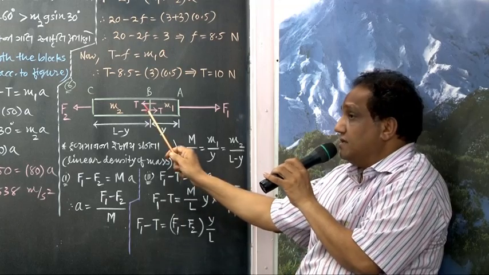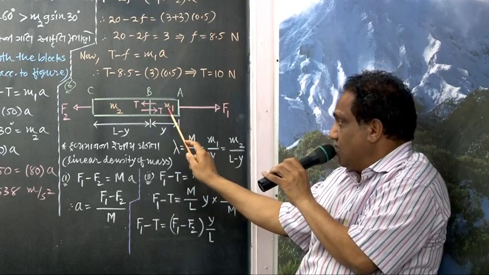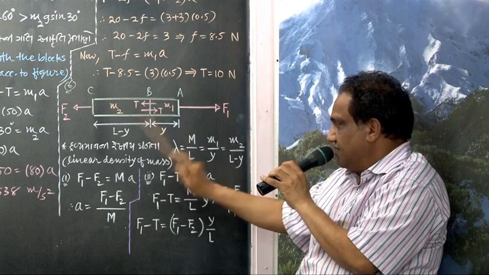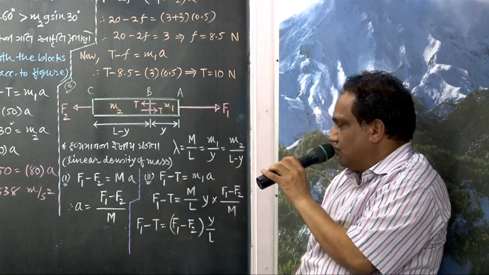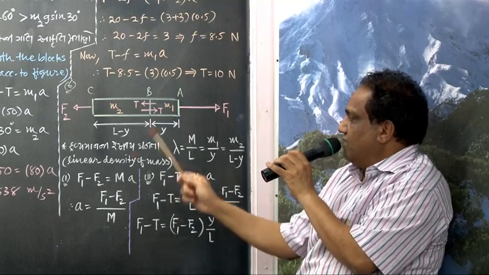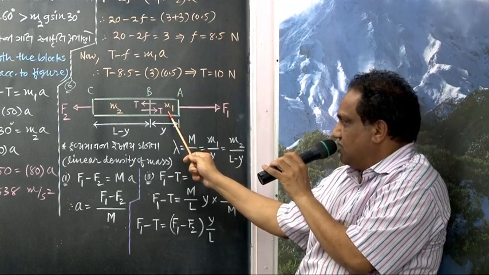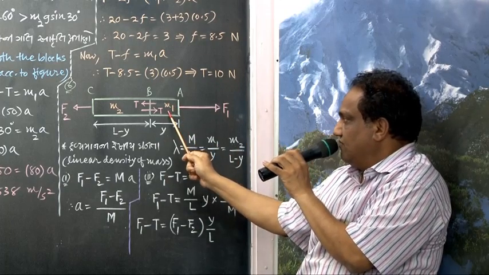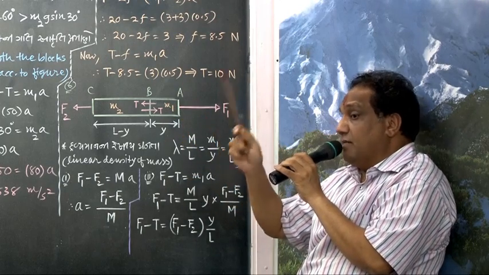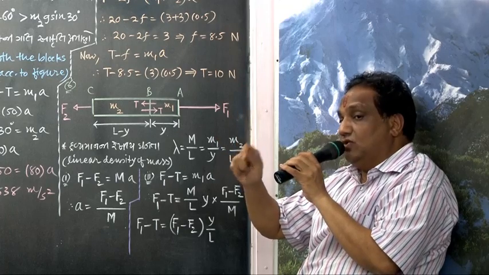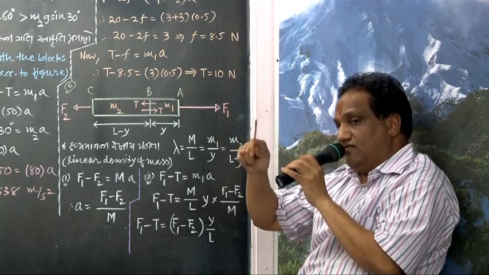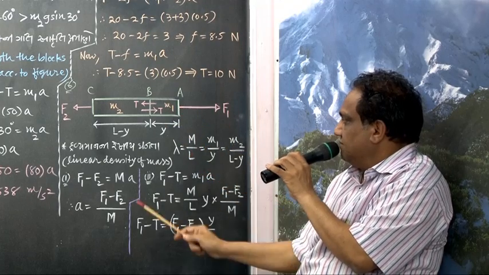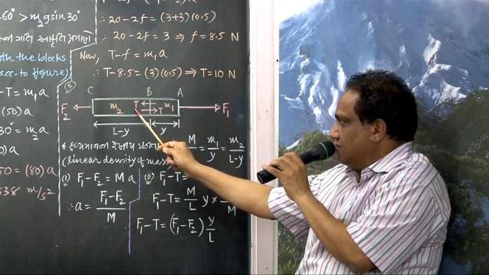Similarly, the first part also pulls the second part towards the right with the same magnitude of force. But right now we are considering the motion of the first part, so we should concentrate only on those forces exerted on the first part, not by the first part. Exerted on the first part are this bigger force and this smaller force.